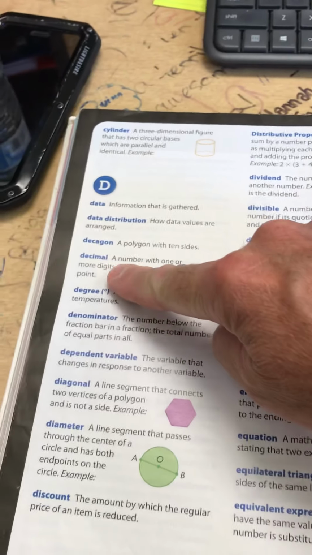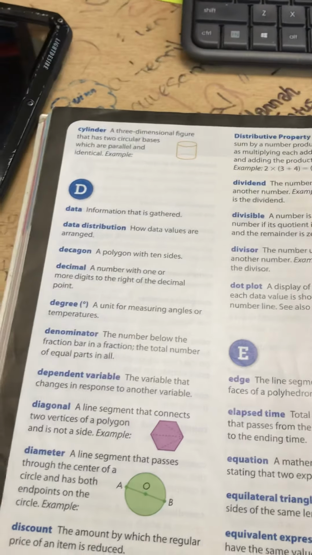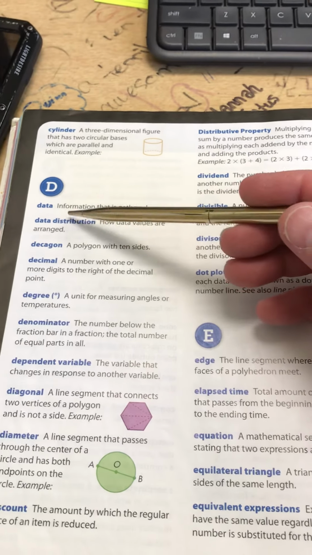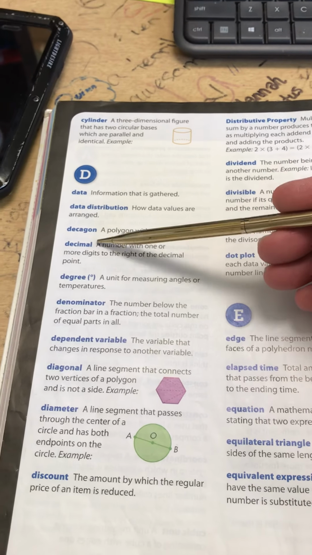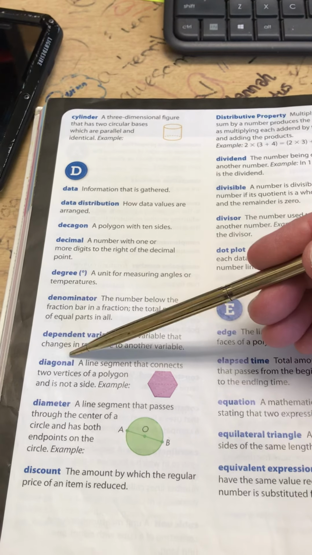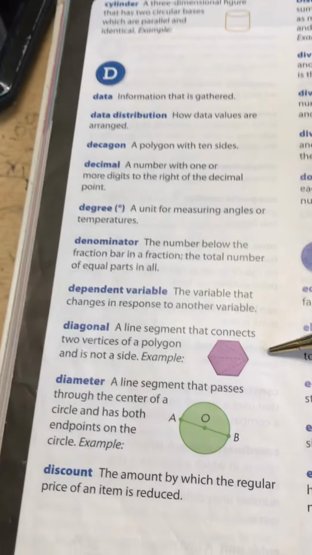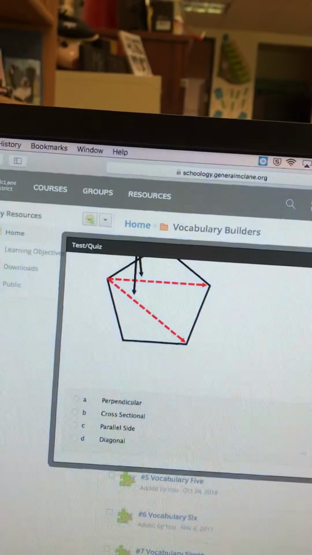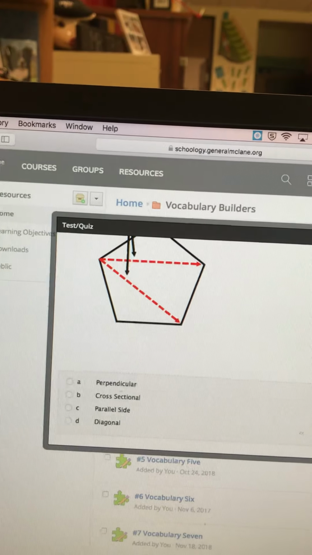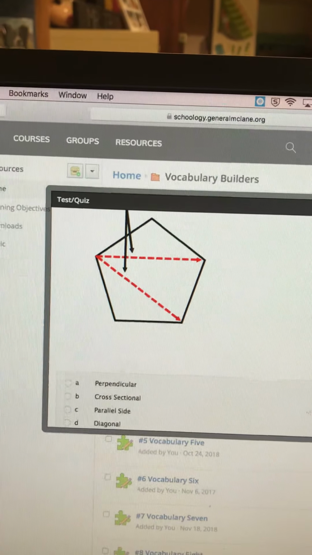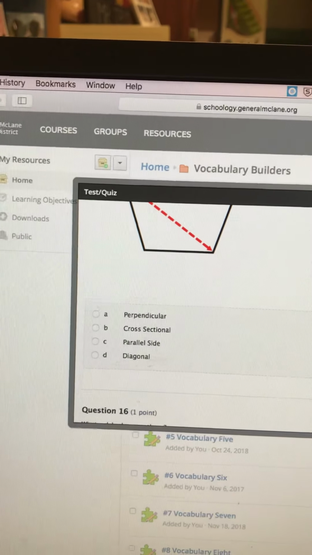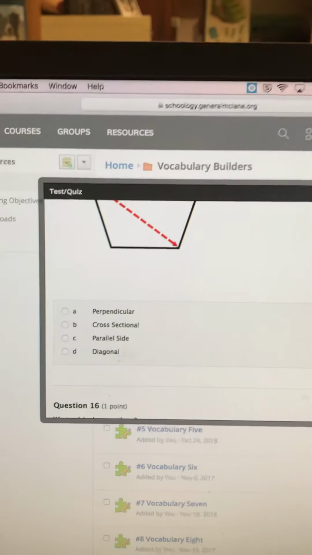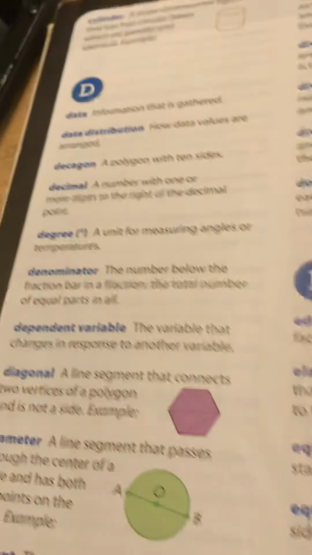But here's the D's, so let's see if we can find diagonal. We have data, decimal, denominator, diagonal. Oh, and look at this. There's actually an example that looks like the example up above. So now we know that the answer to this is diagonal. And we found it in our book.